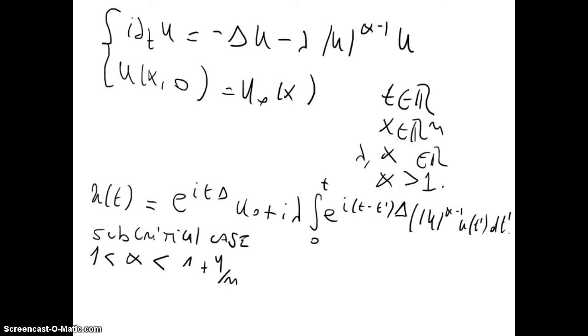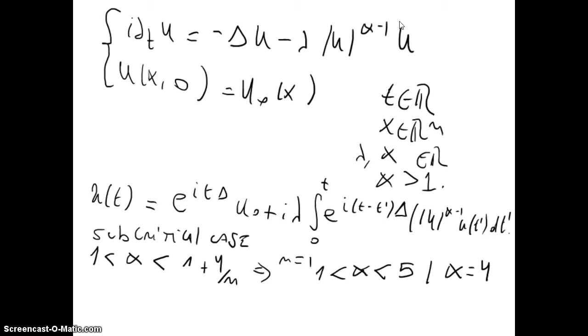Okay, so for example, if we have one dimension, we will have that alpha is between 1 and 5. So for example, let's choose alpha equal to 4.